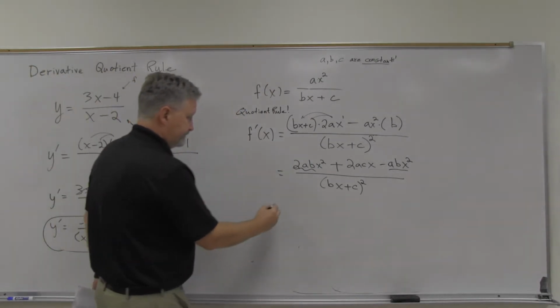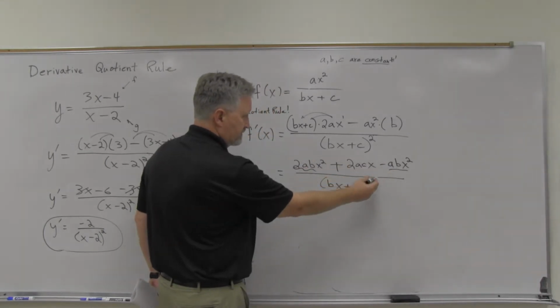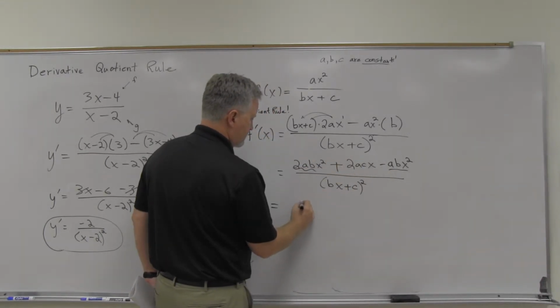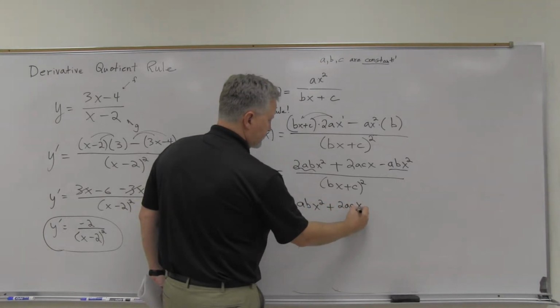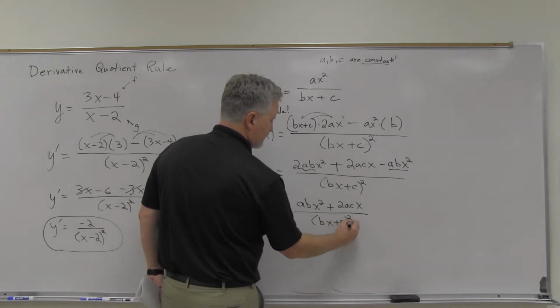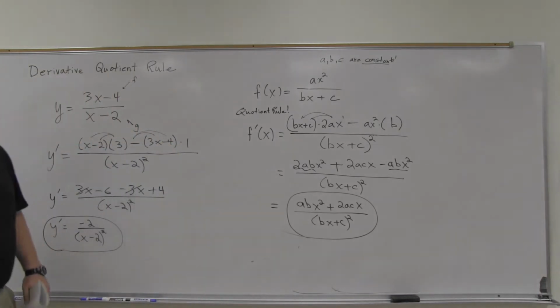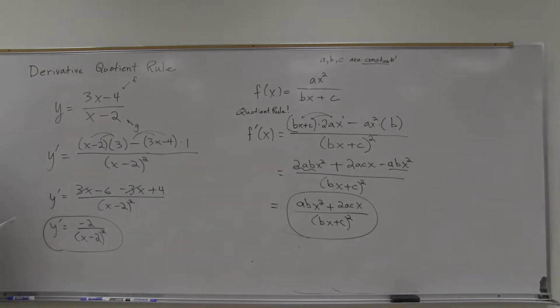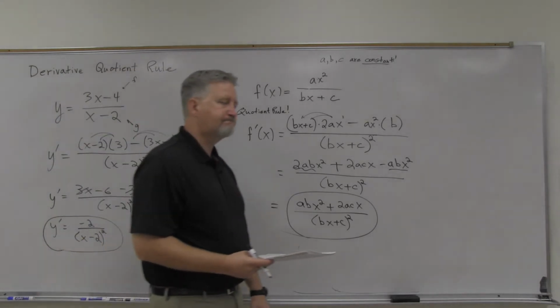That's a minus 1, so 2 minus 1, so that's just going to be abx squared, plus 2acx divided by bx plus c squared. That's my derivative. Nothing more can be done there. Okay?